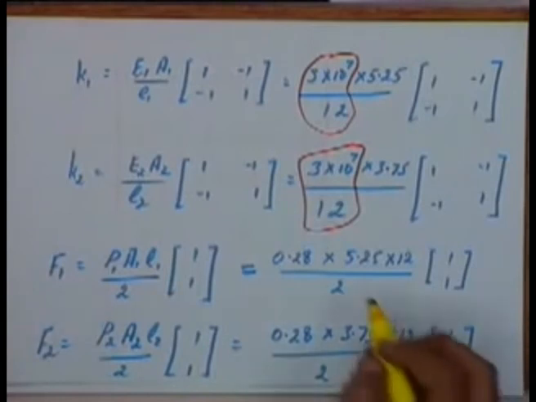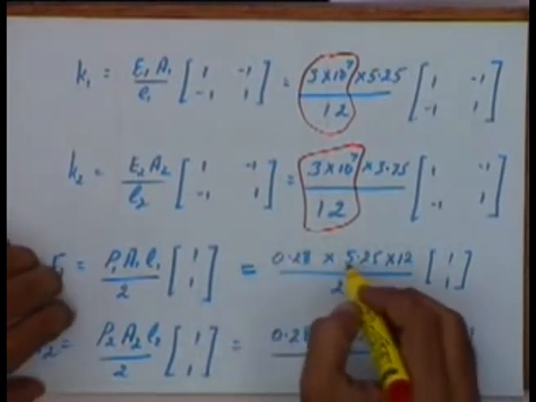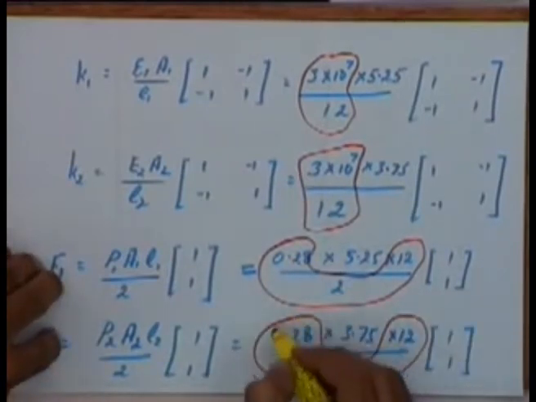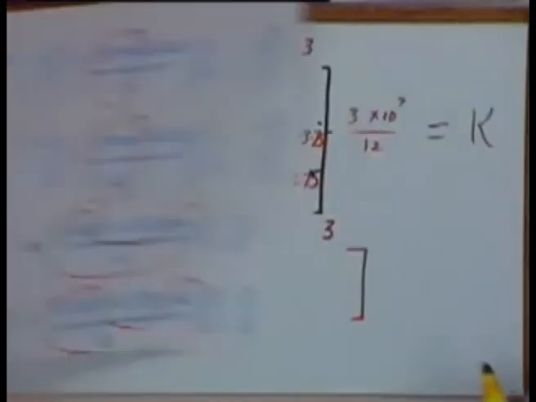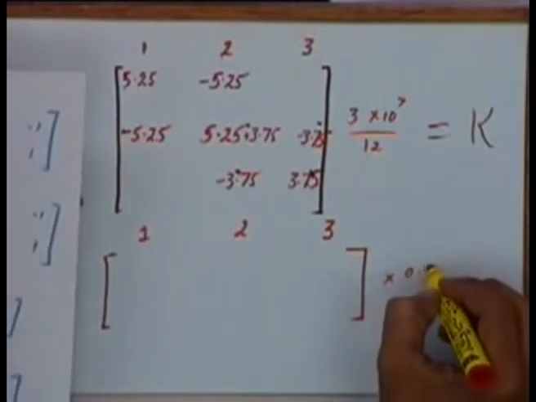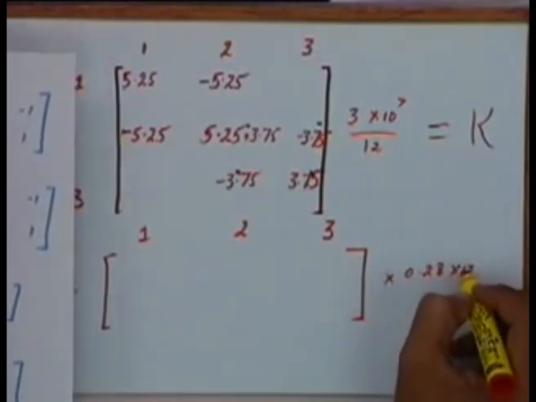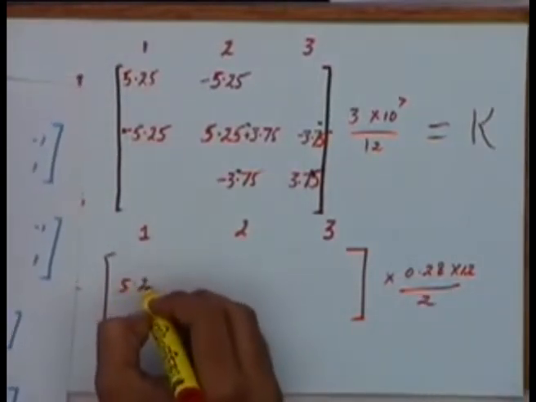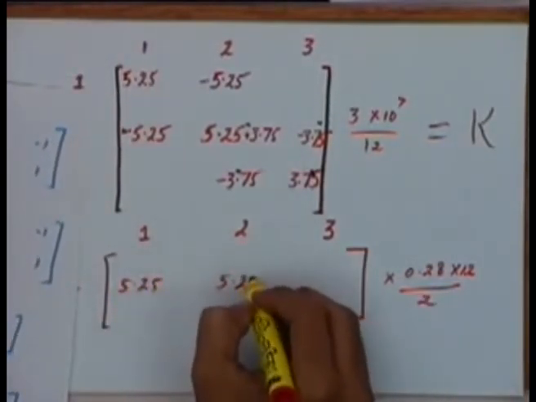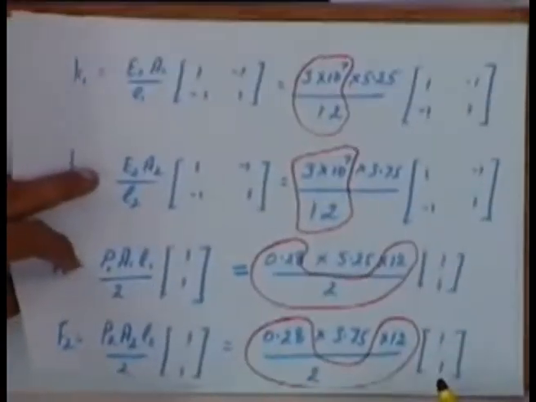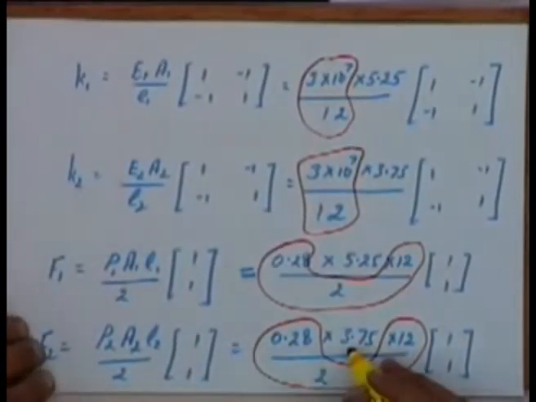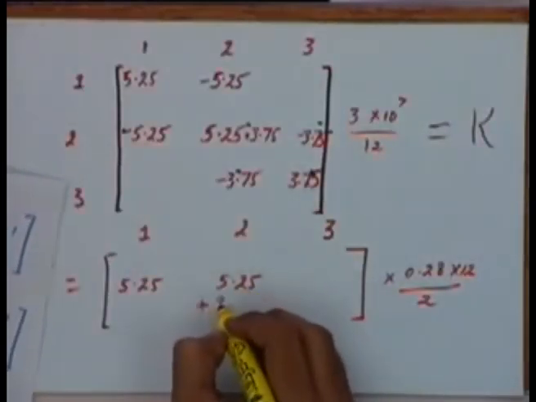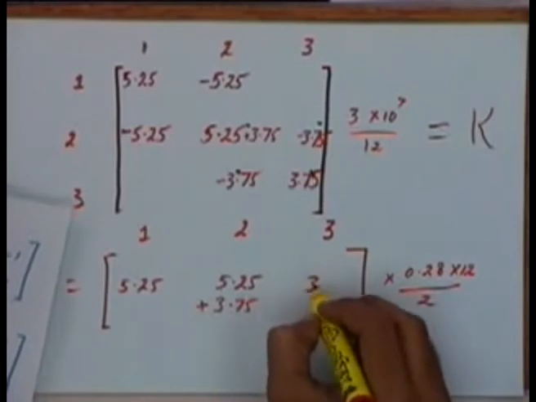Again between these 2, I'll take this as common, and I'll multiply it by 0.28 into 12 by 2. Between 1 and 2, I'll get 5.25 and 5.25, and for the second element between nodes 2 and 3, I'll get this term of 3.75. So it will become this plus 3.75, 3.75.